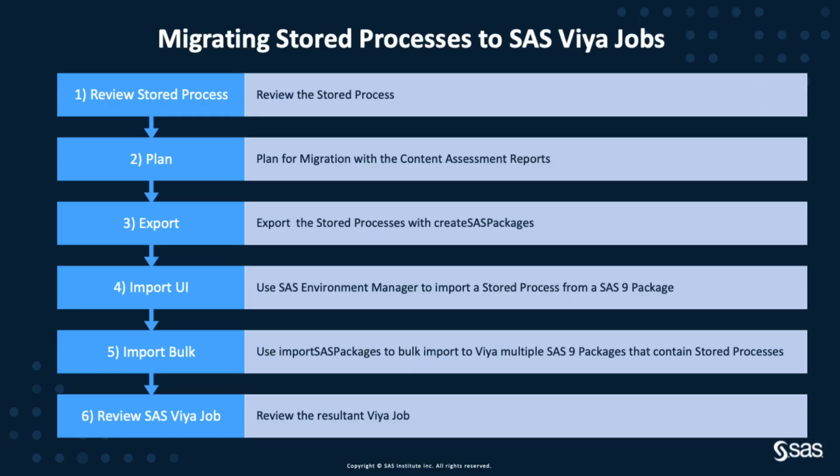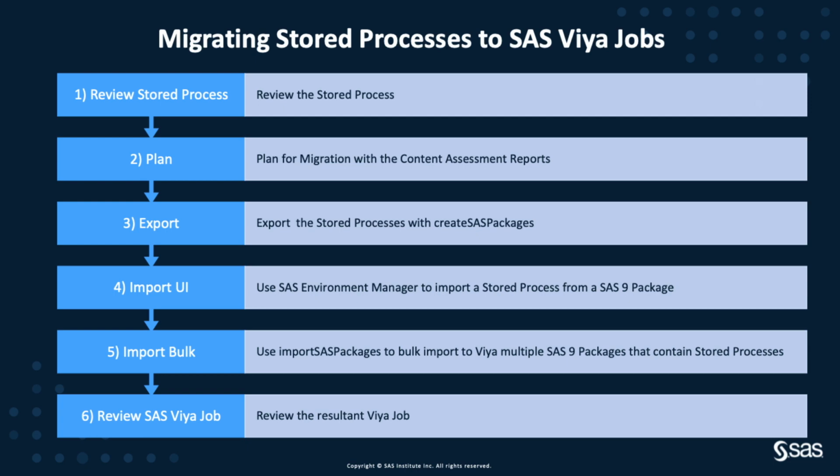Alright, let's review what we did to migrate our stored process to a SAS Viya job. We looked at the stored process. We used content assessment reports to plan for the migration of them. We downloaded stored processes that could be migrated from the SAS9 code check for stored processes application.